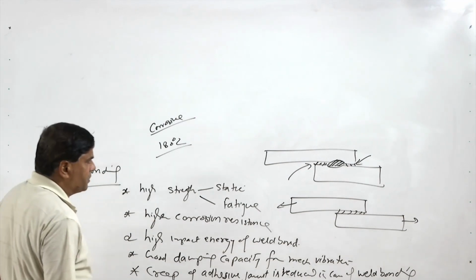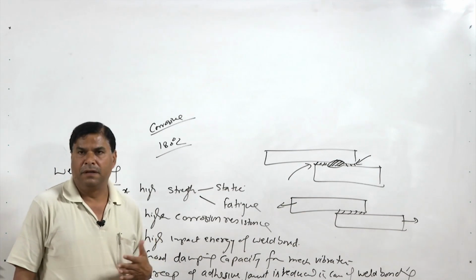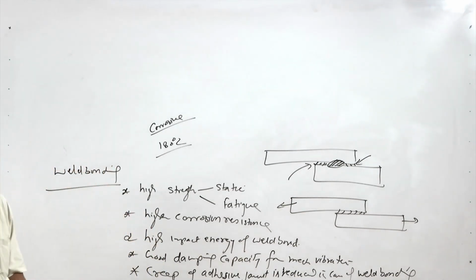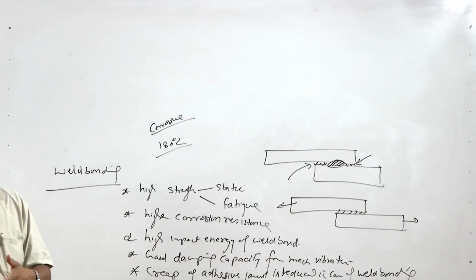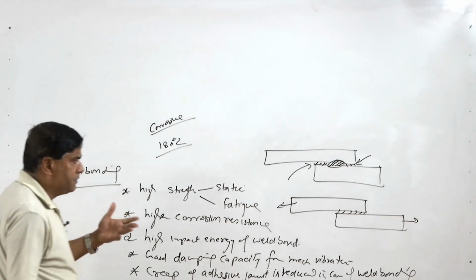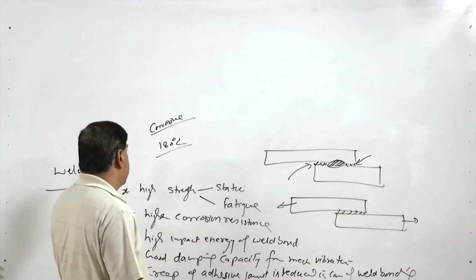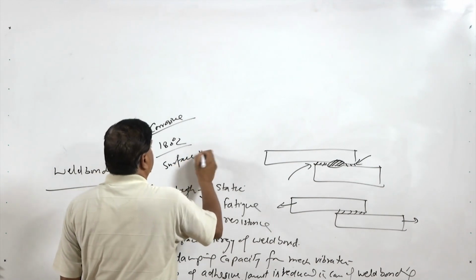So, these should not be used under those conditions, and very critical surface preparation is required to remove all impurities from the surface, so that all degreasing impurities, oxides, adsorbed gases, moisture etc. from the finished surfaces of the sheets to be joined by weld bonding must be removed. So, it is critical to have this proper surface preparation.